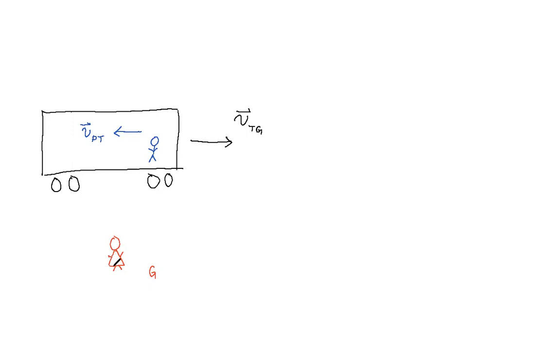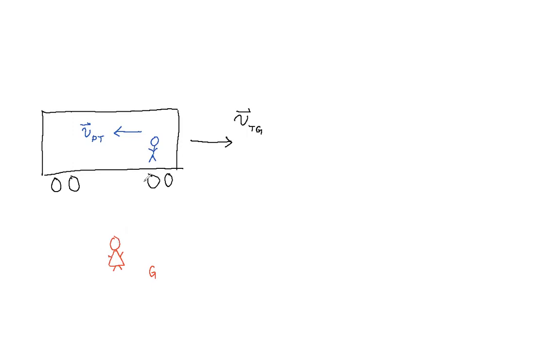If you're on the ground and you're watching this happen, you're going to notice that the train is moving to the right, because you see it go by. Let's say this person can see inside the train, with big windows or something. So you can see inside and you can see that there's someone on there who seems to be headed toward the back of the train. You'll see both of those things.